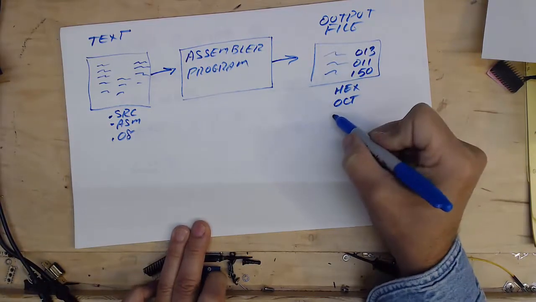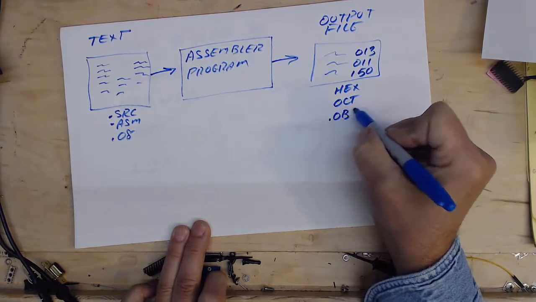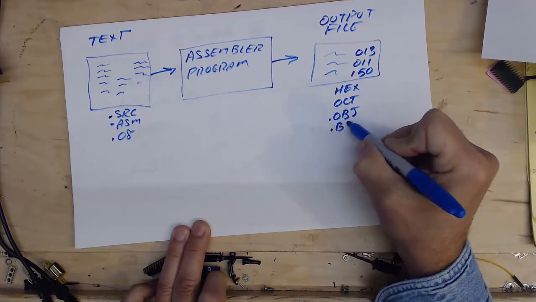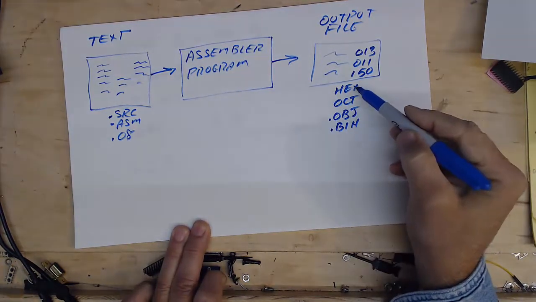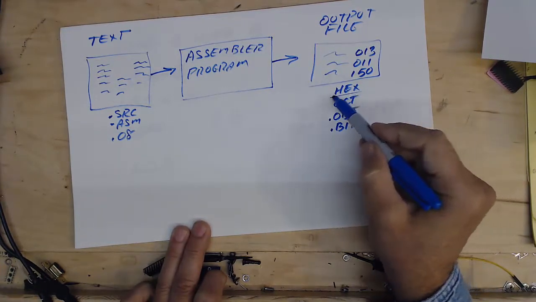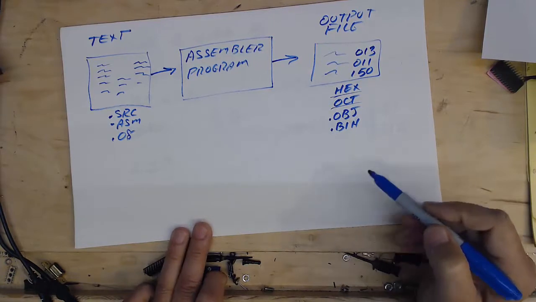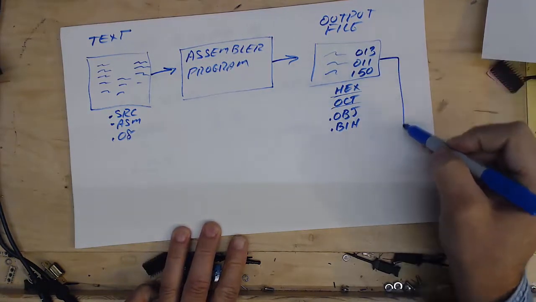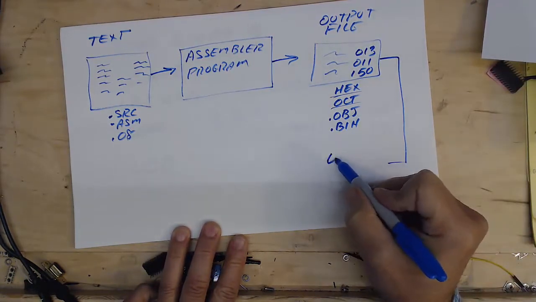It may be an object file or a binary file that we can't read, but typically, and for the assembler that we're going to be using for this, it's going to be a hex file or an octal file. That output file will then go into our EEPROM programmer.